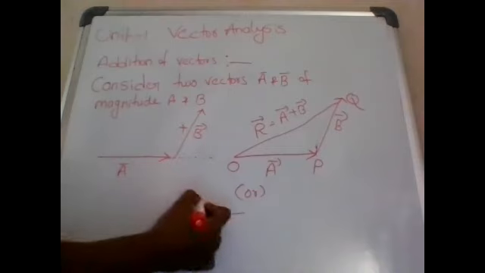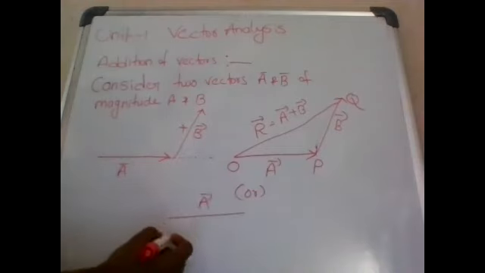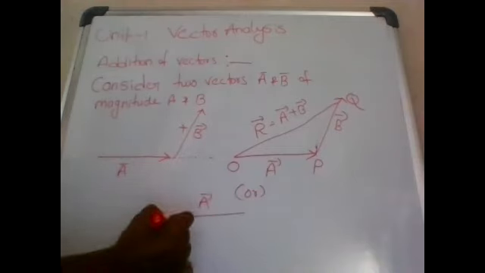This is the A vector, and from its head we draw the B vector.